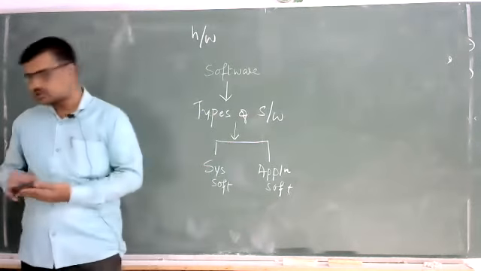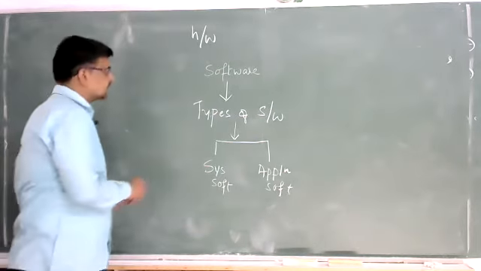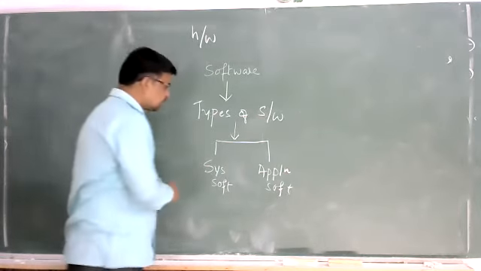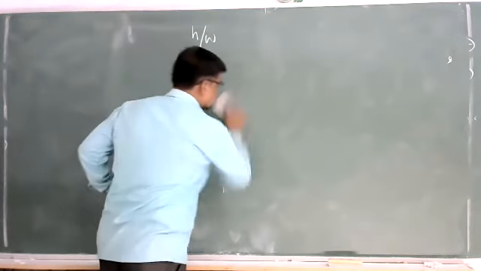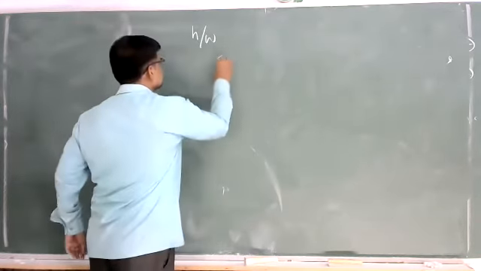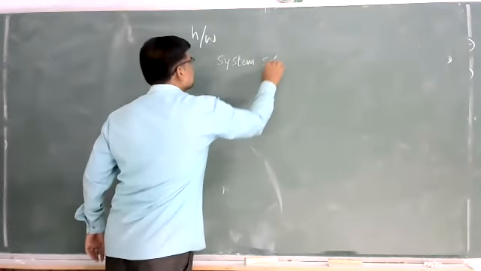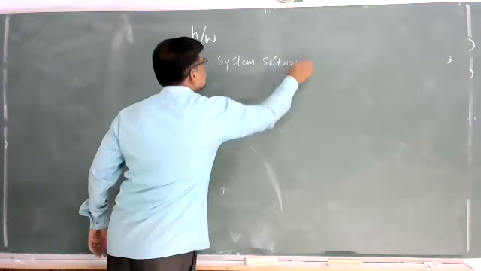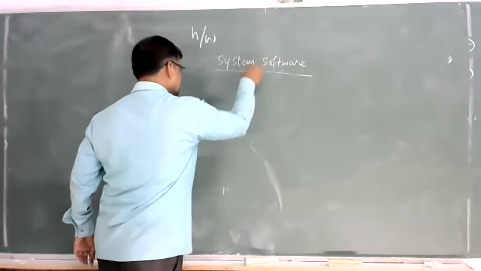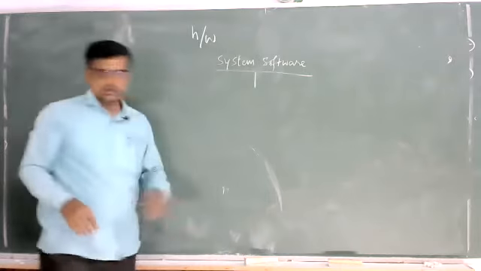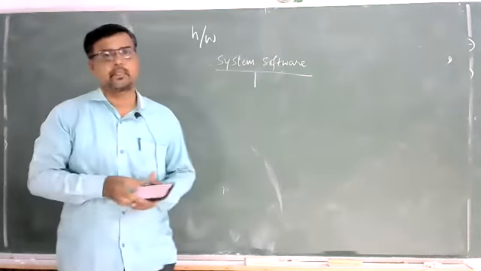When we go further with the system software, we'll be talking about system software. Again, as I said, there are three types of system software available.